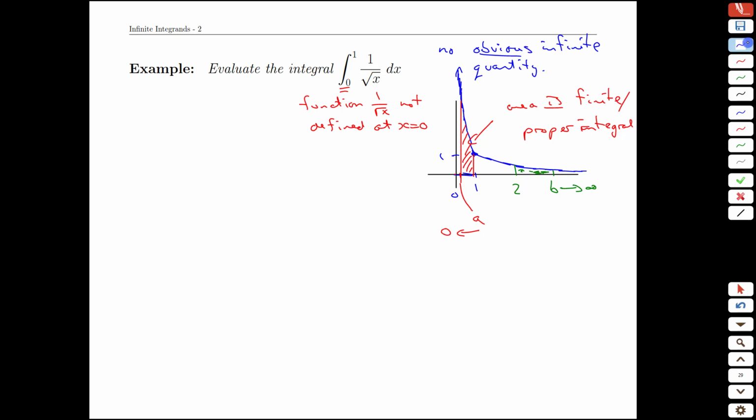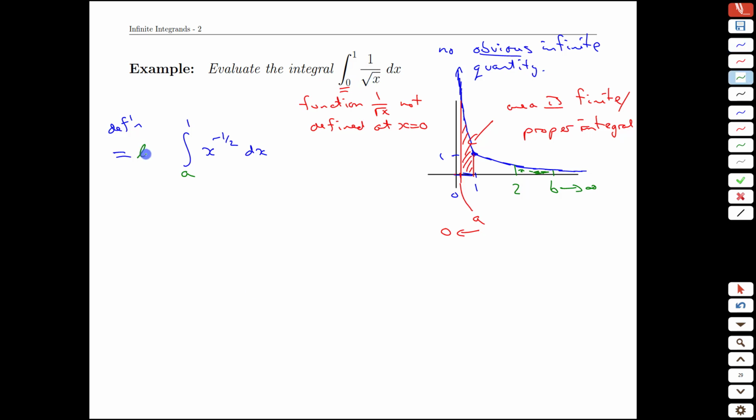So let's do that. Applying this new definition, instead of integrating from 0, we're going to integrate from some number a that's positive. Everything else stays the same. We'll simply write this in a new notation, x to the negative 1/2, to make it easier to integrate, but that's equal to 1 over root x.